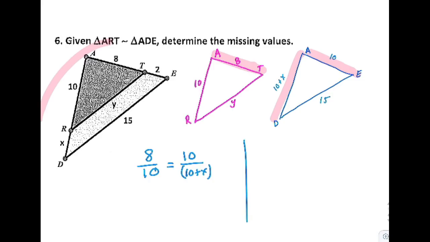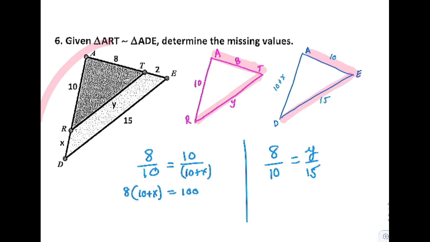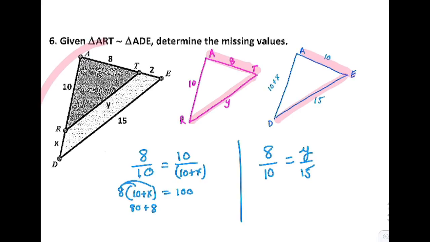The other equation, we have the 8 over 10 again. And I have y over 15. And then when I distribute, after cross multiplying, I have 80 plus 8x equals 100.